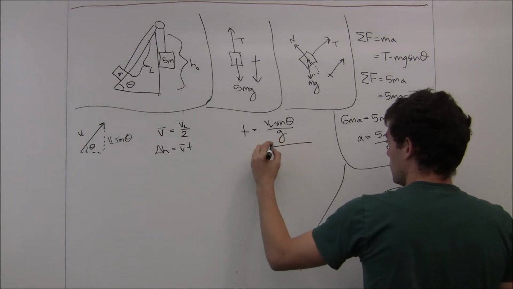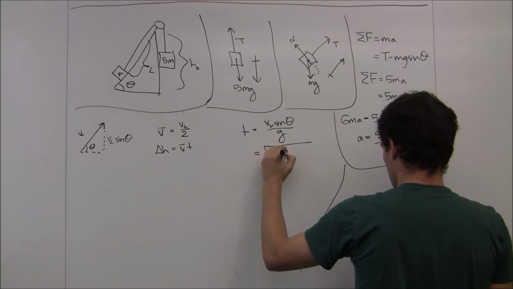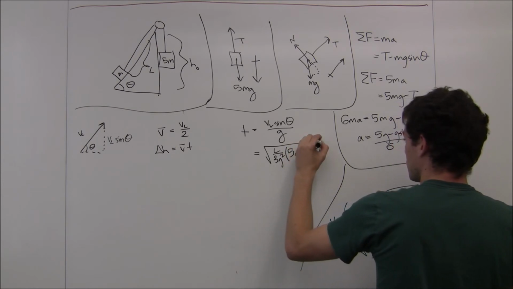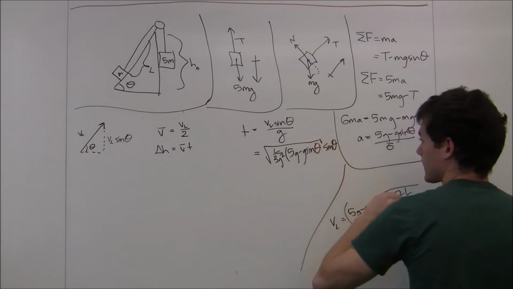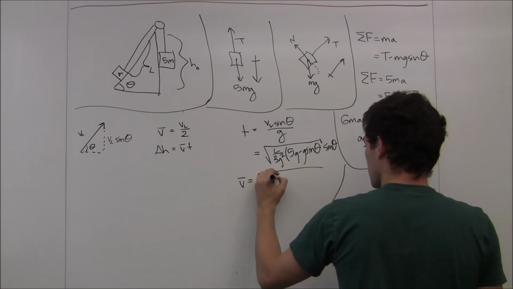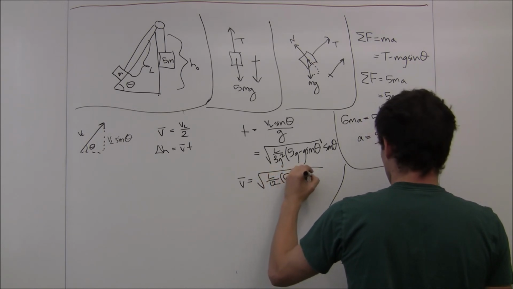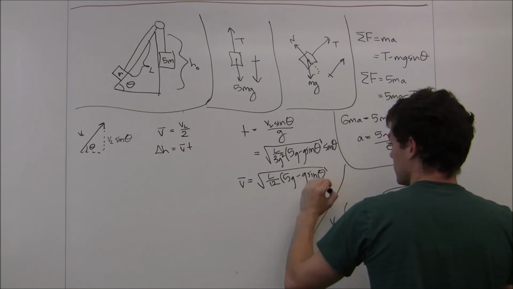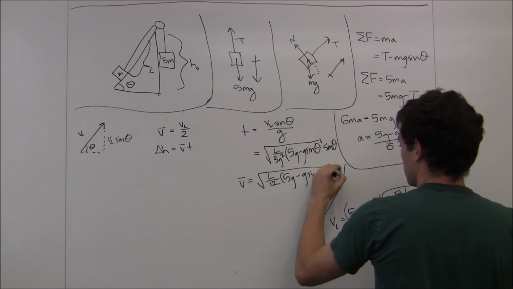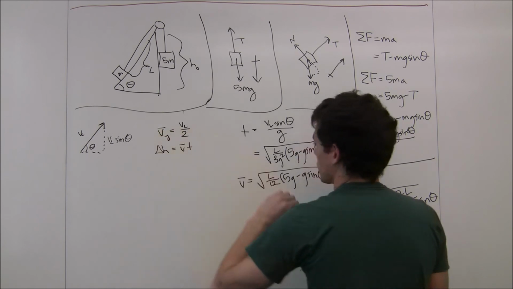the square root of L over 3g squared times 5g minus g sine theta, times sine theta. And V bar is going to be the square root of L over 12 times 5g minus g sine theta, times sine theta again, because we're only using the vertical component.